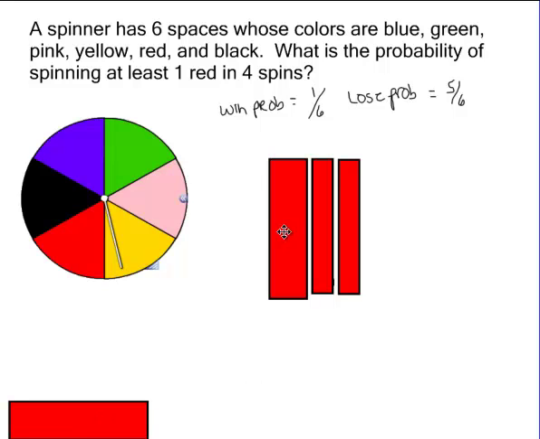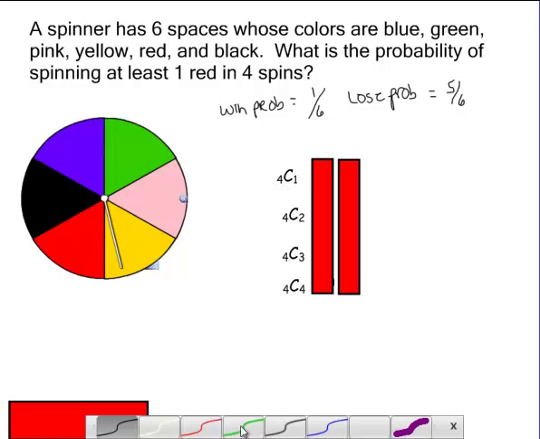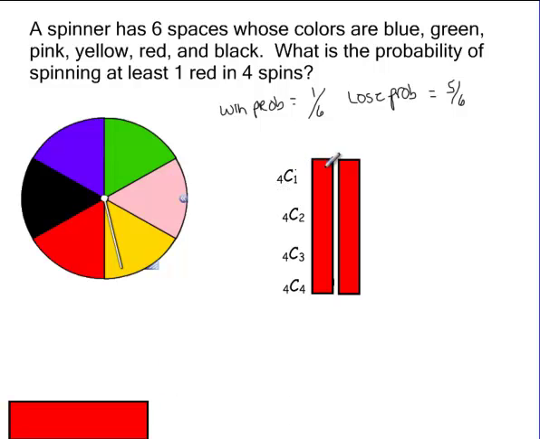So I'm going to start setting up my combinations. At least once, which means 1 is the least I can win. I can win on 2, I can win on 3, I can win on 4. So I set myself up 4C1, 4C2, 4C3, 4C4.